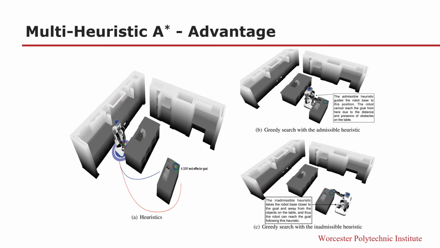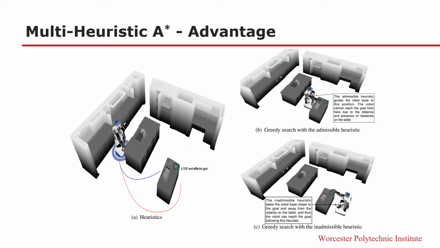This information is not included in the single consistent heuristic, while the path shown in red is obtained using a single admissible heuristic along with multiple inadmissible heuristics.